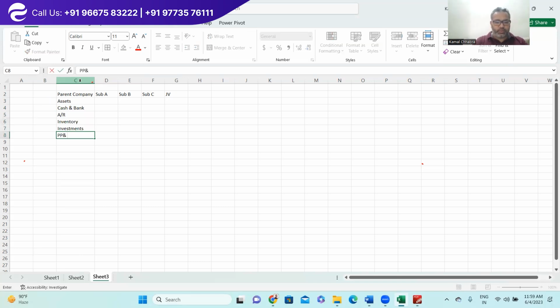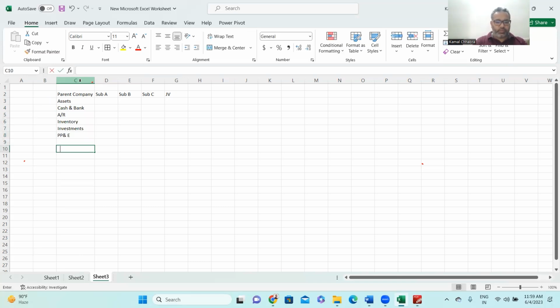Different KPA, so then you have total assets. And then you have account payable, liability, provisions, you have that.